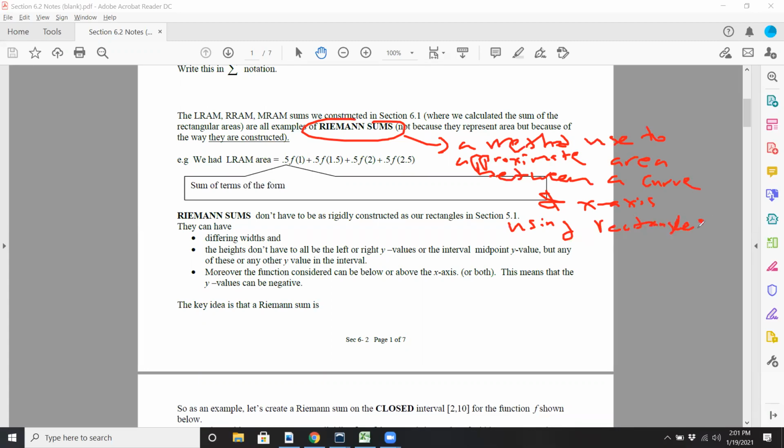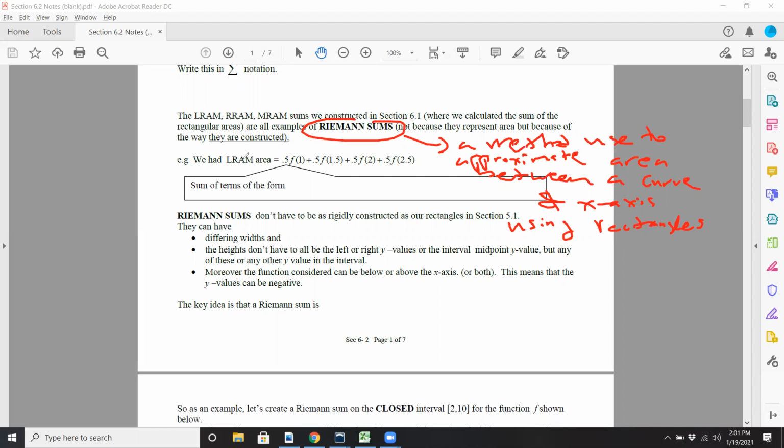In fact, you've been using Riemann sums, but the way you construct the rectangles could vary. So it's a matter of how you're constructing your approximation. So LRAM, RRAM, MRAM are all examples of Riemann sums, and they're just different ways of constructing those rectangles.